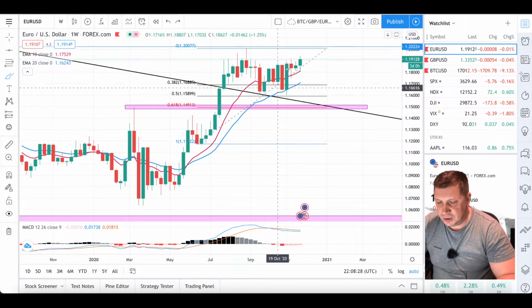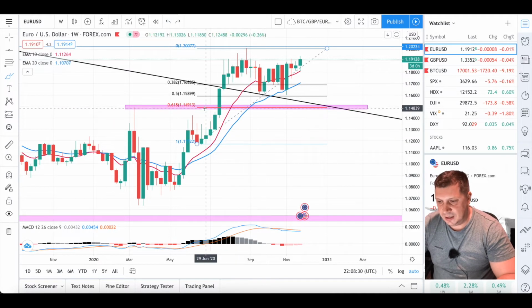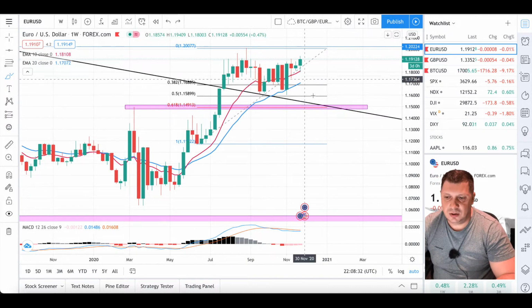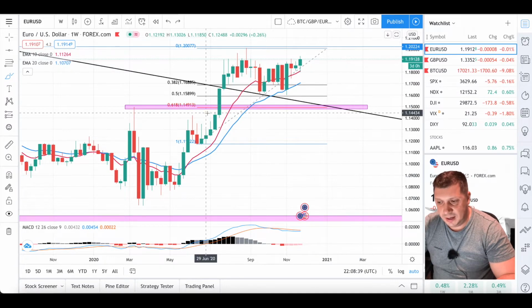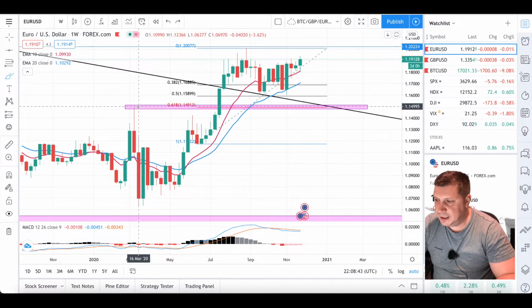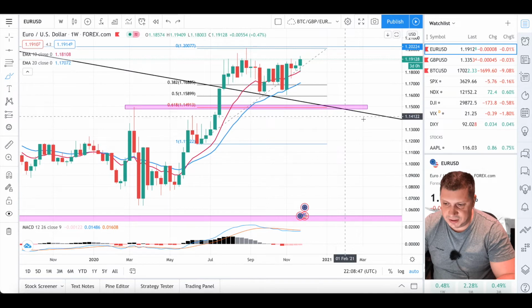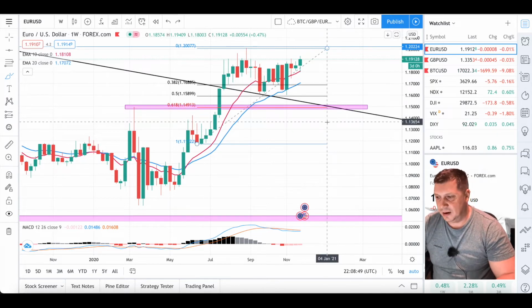Because first of all, before moving up, we need really good structure for the support, right, before we're going up. And this is very good structure right here on 61% on weekly, and also 38% on monthly, and also this trend line that goes over years.